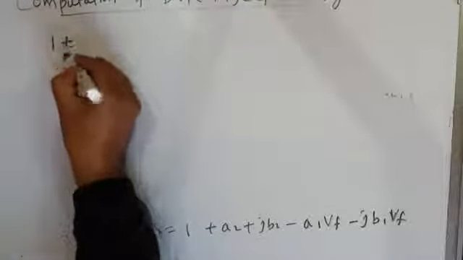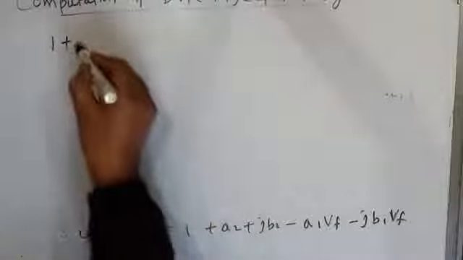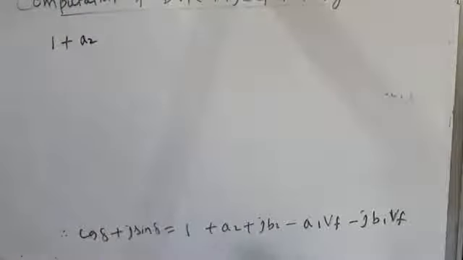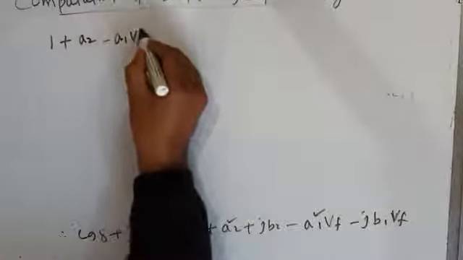So it will be 1 plus A2, this is the real part. And where else is the real part? This is the real part, minus A1 Vf.